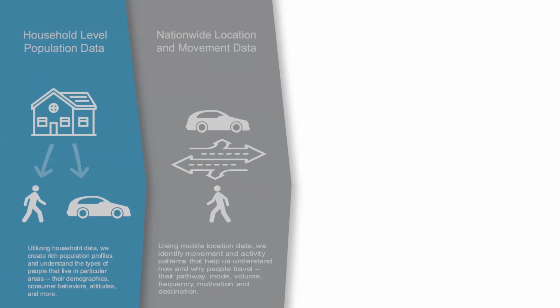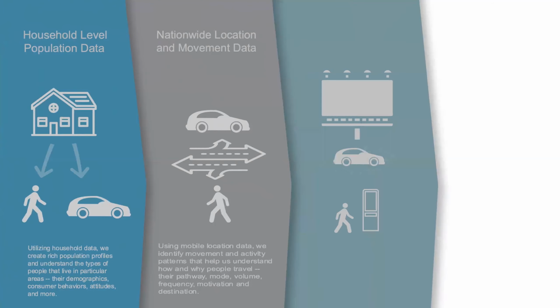We understand the movement. And then we have to connect those trips to the inventory, right? All these trips people are taking are in front of units, in front of kiosks, in front of different types of inventory. So we have to contextualize their movement alongside the inventory.